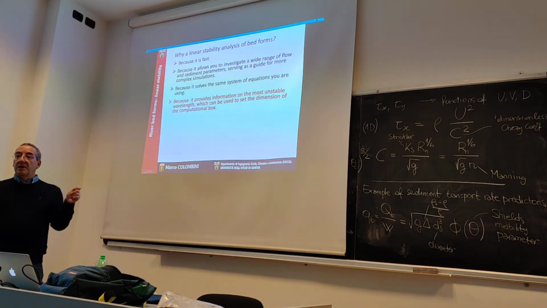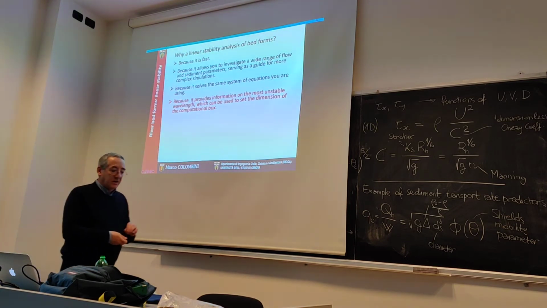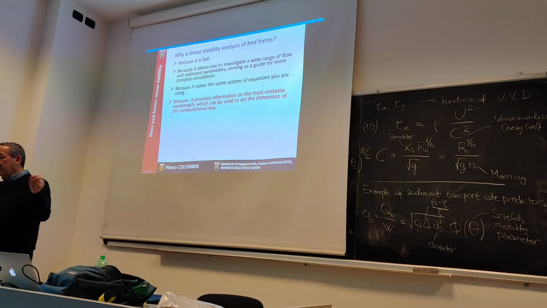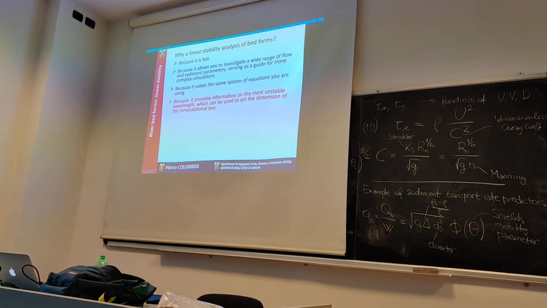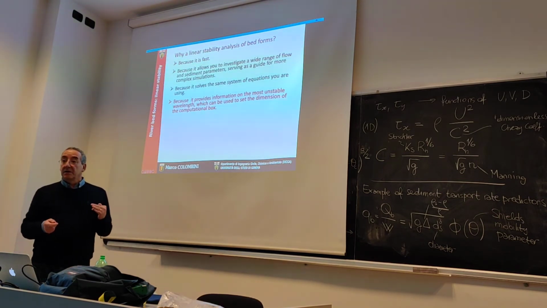For each of them, you will know if it is stable or unstable. So for some values of the flow and sediment parameters, you can build up a growth rate for each wavelength or wave number, and discover which one is the most unstable, the one with the largest growth rate.